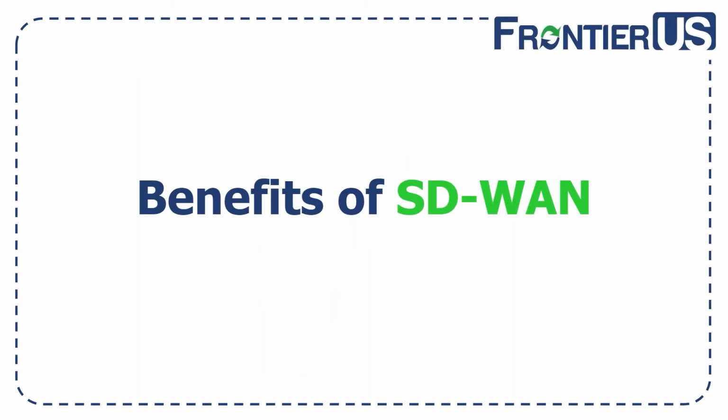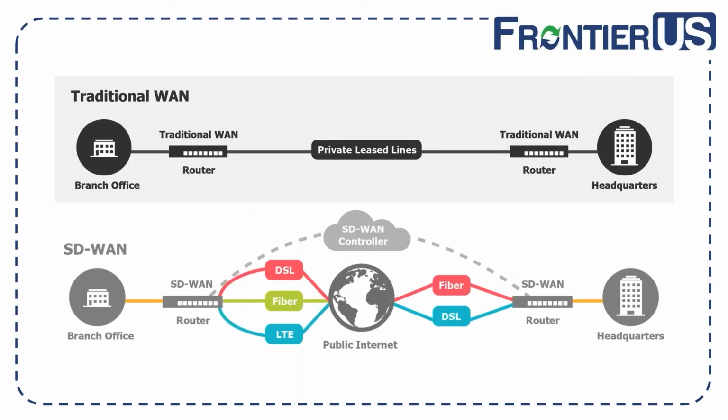So now to touch more on what the benefits of SD-WAN are. First, if we take a look at what a traditional WAN network looks like, it's highly predictable, but very inflexible and not efficient at all for today's shift to cloud applications, along with the big push to mobile users and the increase of bandwidth demands.